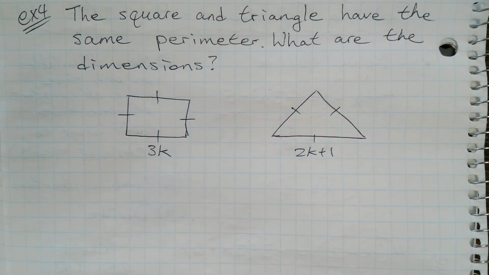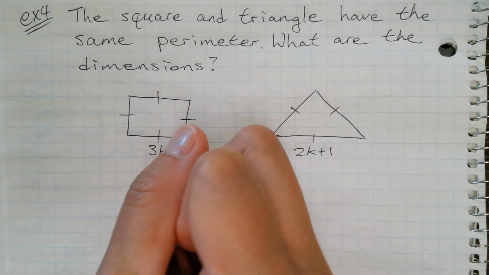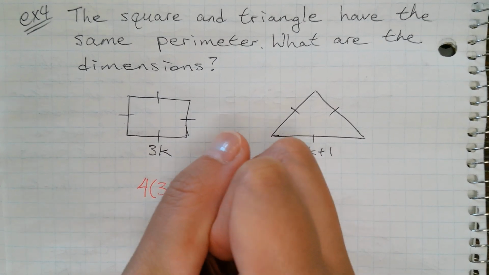Okay, so the square and the triangle have the same perimeter. What are the dimensions? So what you're trying to do is create an equation so that we can solve for K. All right. So how do I find the perimeter of a square? Side times 4. Good. Yeah, I can write 4 times 3K.